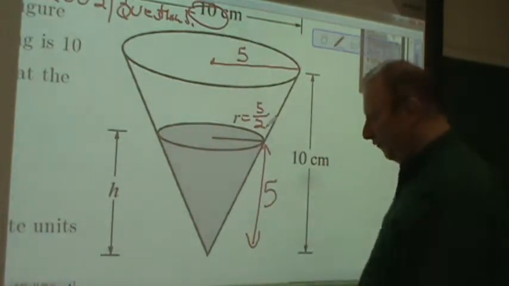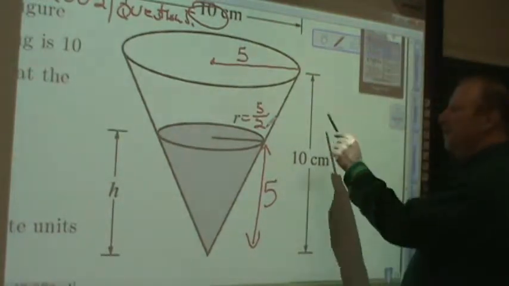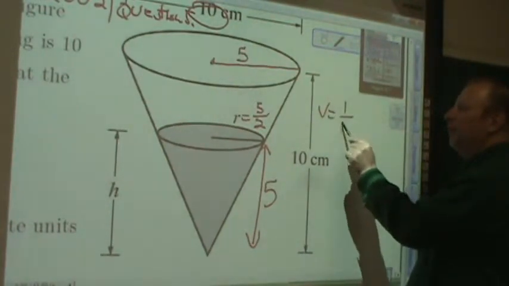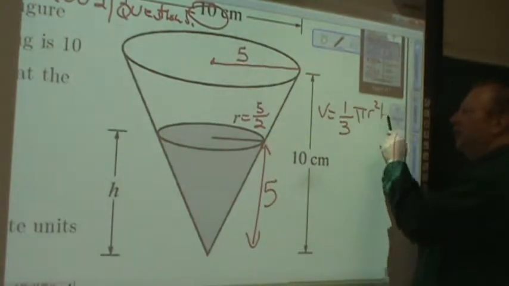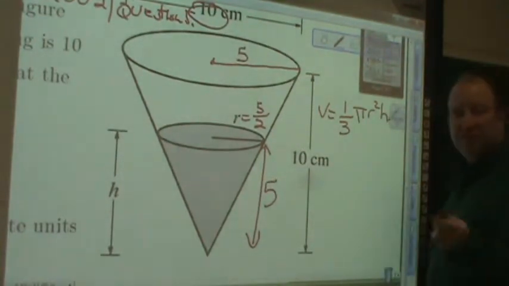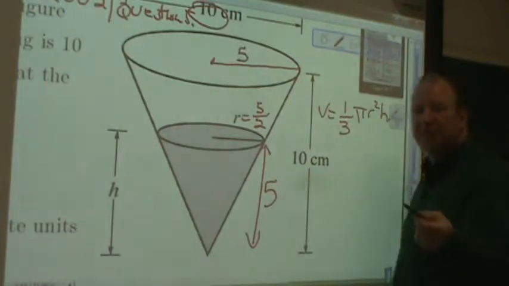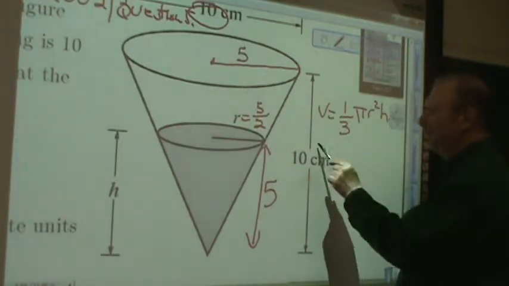Now let's work with the formula. Volume equals 1/3 pi r squared h. The rest is easy. All I'm doing is substituting in what I know.